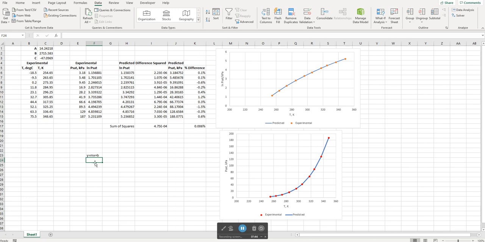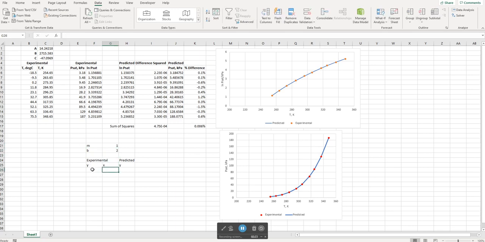If I have a case like this, what I end up having is my values of y, my values of x, and say these are my experimental values. Then I want to have a predicted value, so I set up a predicted y. The way you can do this in Excel is my slope and my intercept, m and b, will have certain values. I could put 1 and I could put 2 here.